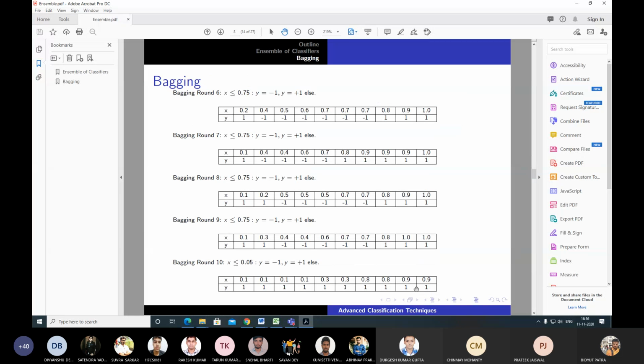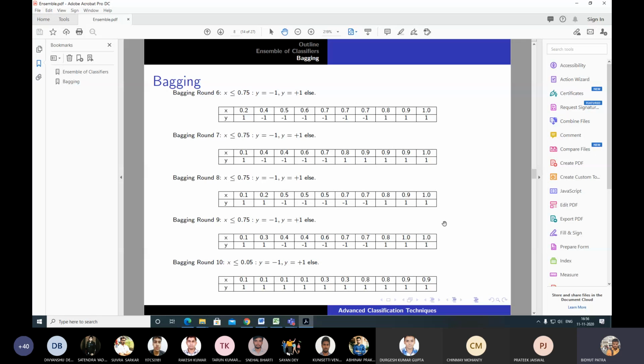Similarly, you get bagging rounds 6, 7, 8, and somewhere bagging round 10, okay? You get 0.1, 0.1, 0.1, 0.3, 0.3, 0.8 and all class labels are 1. Essentially, someone asked if the same data is repeatedly coming, so it may be that all the class labels are the same. Now what do you do?